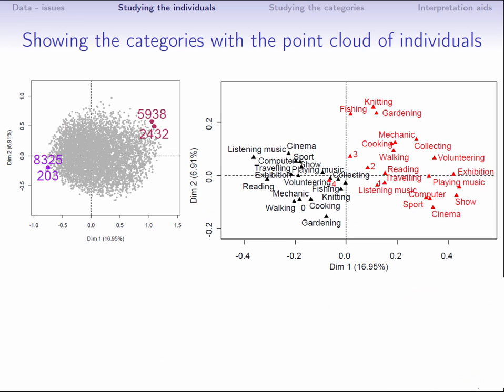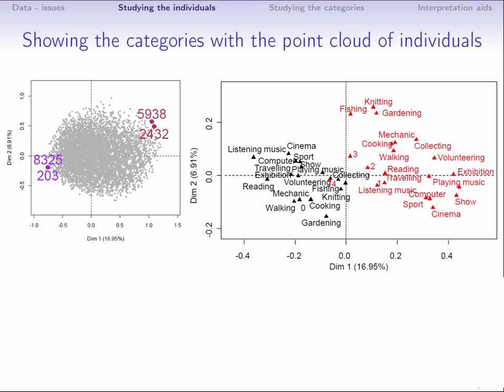To help us, let's look at a few of the individuals that seem well separated by this diagonal. We can take individuals 5938 and 2432 on one side and 8325 and 203 on the other.